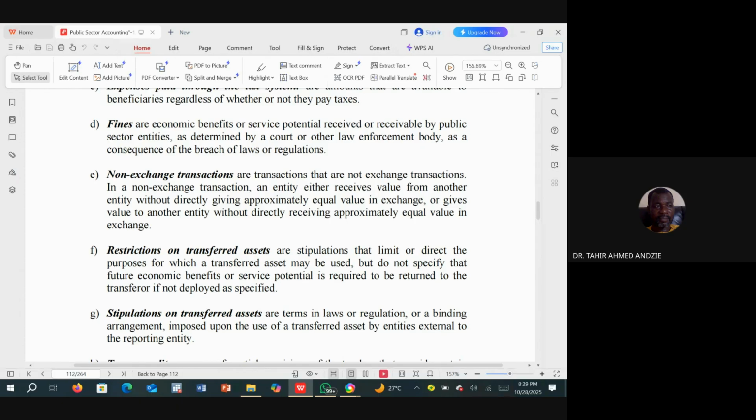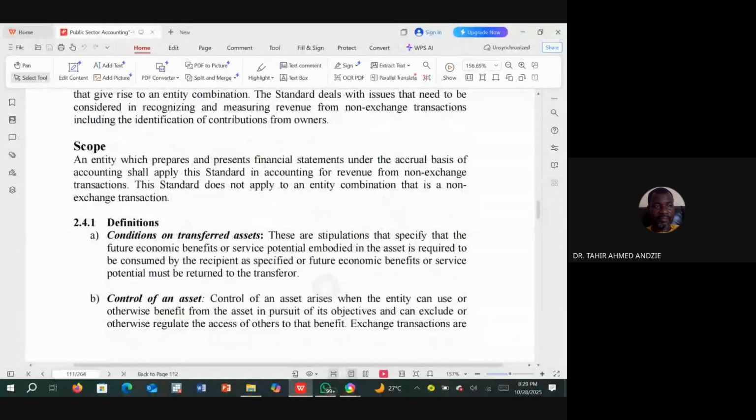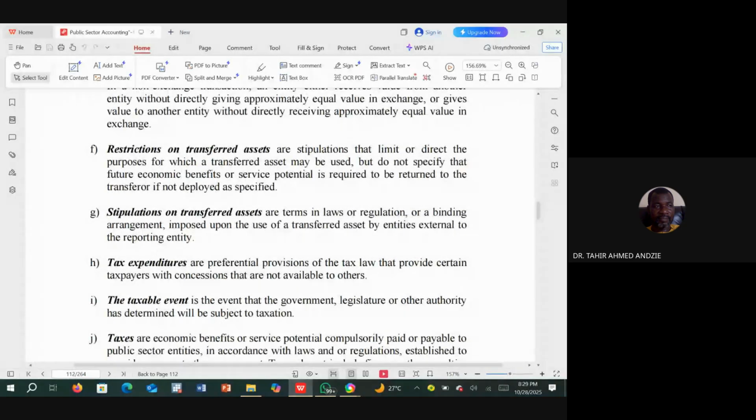And so we have talked about transfer conditions on transfer assets. Now, restrictions on transfer asset are stipulations that limit or direct the purpose for which a transfer asset may be used, but do not specify that future economic benefit or service potential is required to be returned to the transferor if not deployed as specified.